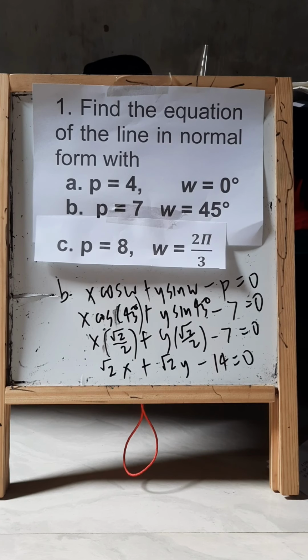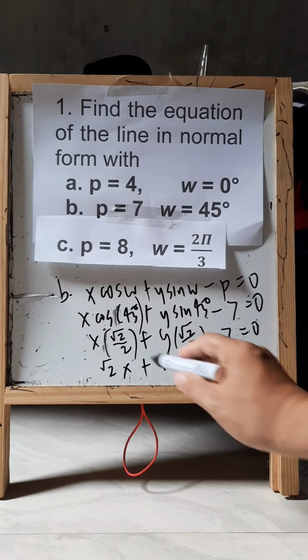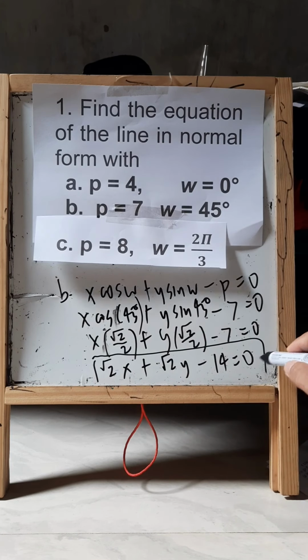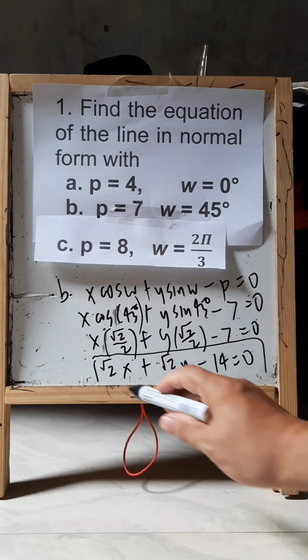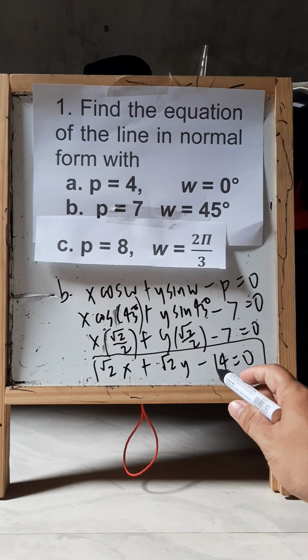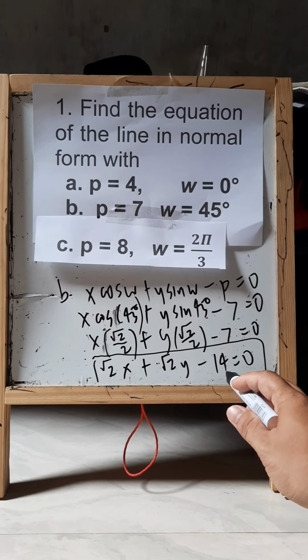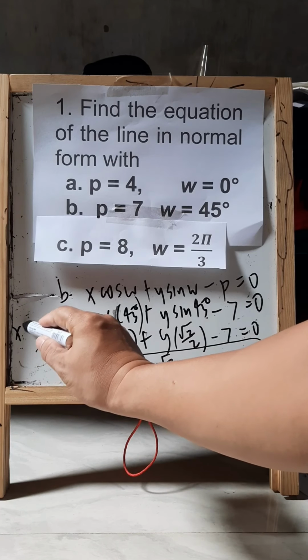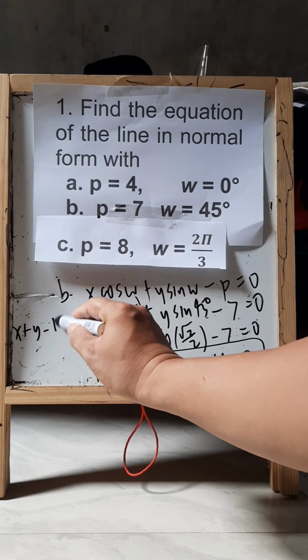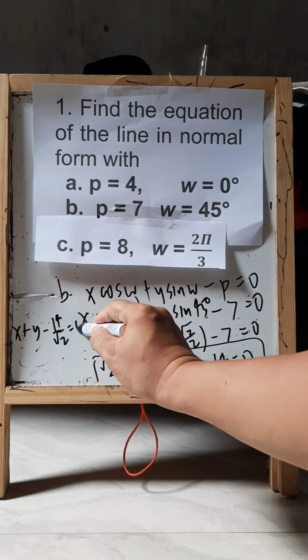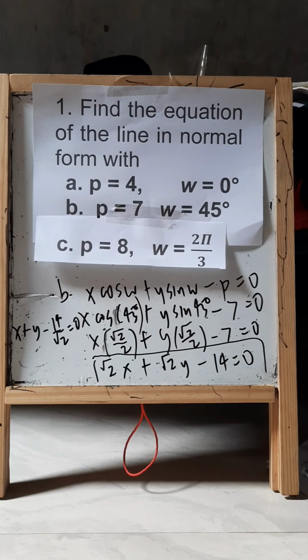But how about if we're going to divide all terms by square root of 2? The equation will be x plus y minus 14 over square root of 2 is equal to 0.